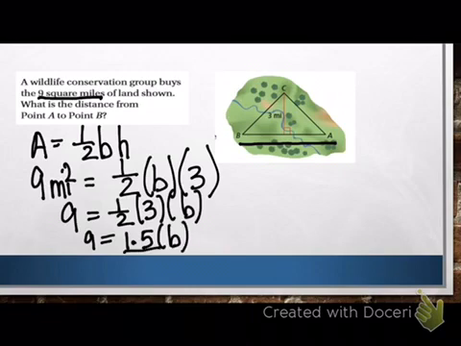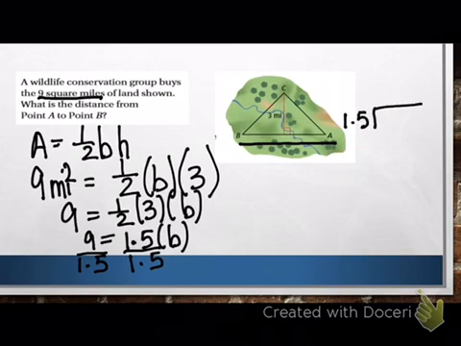So 9 equals 1.5 times B. You know what I'm going to do? I'm going to divide both sides by 1.5. Some of you will need to come over on the side and set up a division problem. 1.5 going into 9. I have to move this decimal 1 time, so I've got to come over here and move this decimal 1 time. Now I'm dividing 15 into 90.